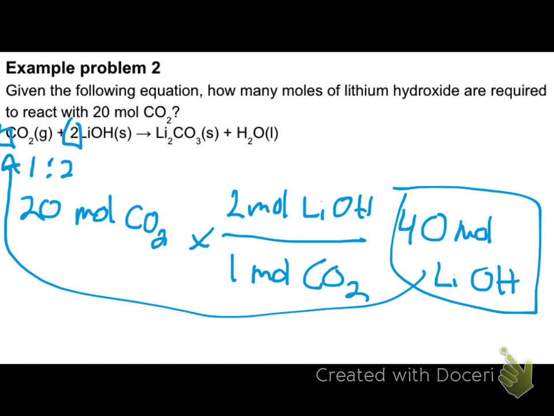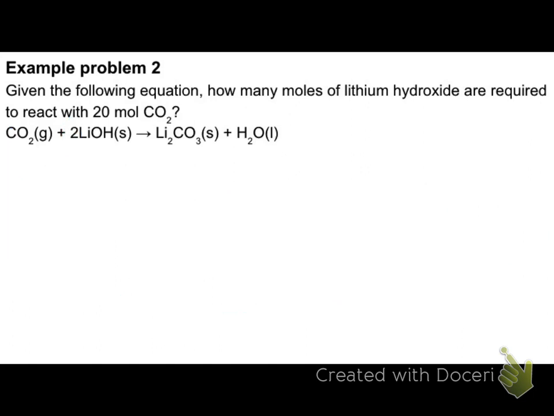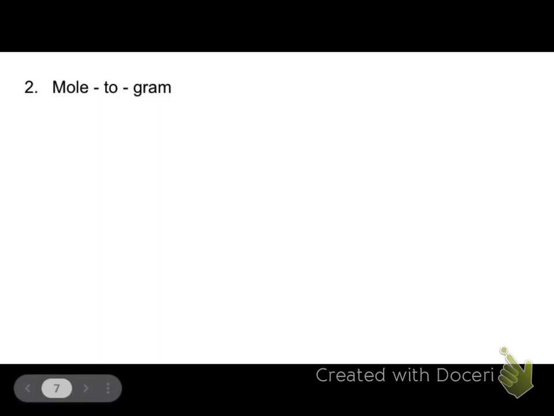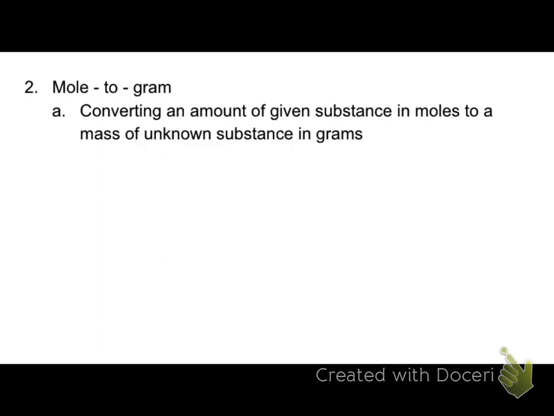Okay, let's switch back and talk about the second type of problem. This is going to be moles to grams. This is converting an amount of a given substance at the start that's in moles to an amount of the unknown substance that will be in grams.